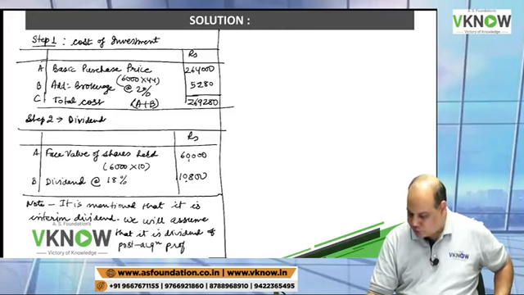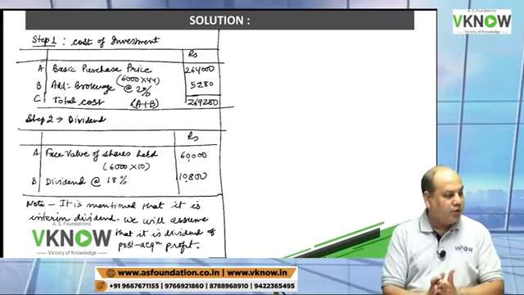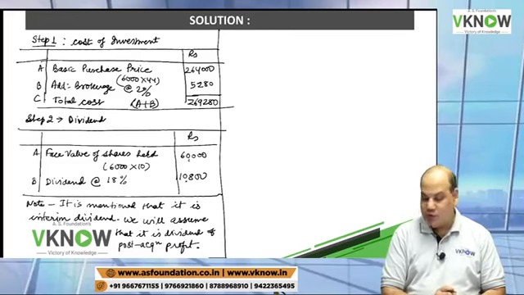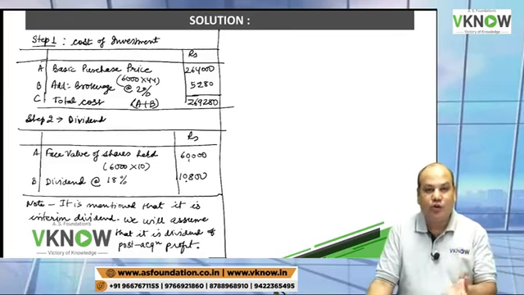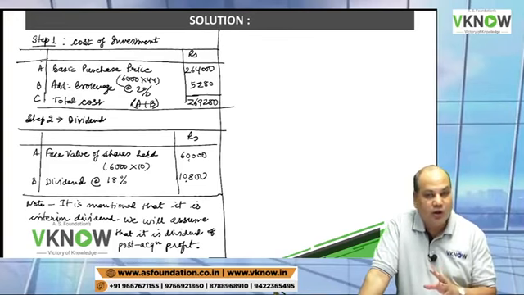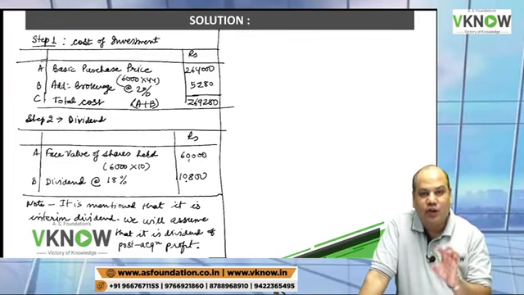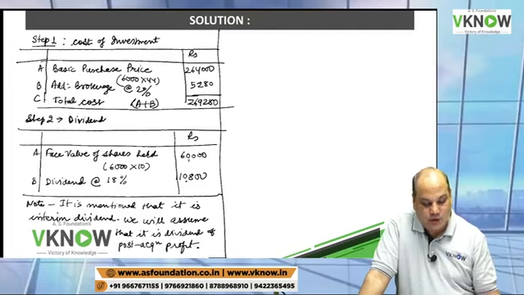We will assume that it is dividend out of post acquisition profit, because the share was purchased in this year and you have received interim dividend. Interim dividend is paid out of current year profit.